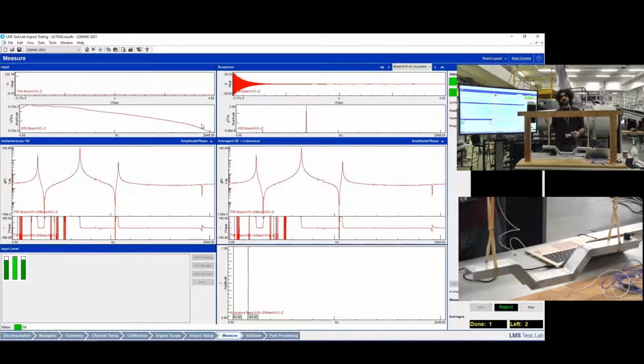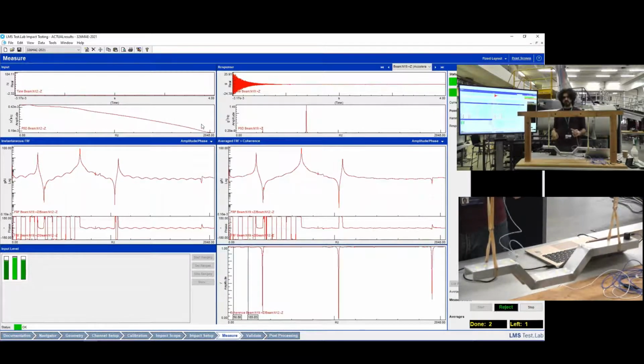Now you might notice how much time it's taking for just this very simple experiment, and that's because we're only taking 3 averages. Ideally you should be taking many more, and also this is only 4 seconds of acquisition. Sometimes you also go through 12 seconds to 20 seconds of acquisition. So that means that every strike would be 20 seconds and every average will take 20 seconds. So your test, that's why it's called a field test day. You take a full day generally to go through a single test.